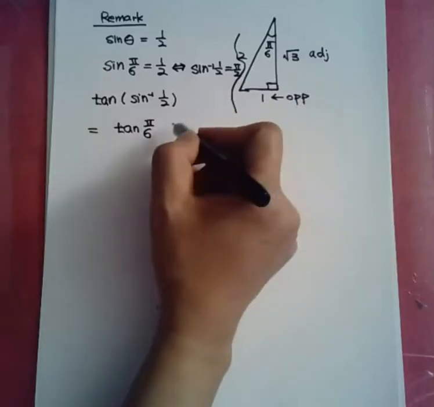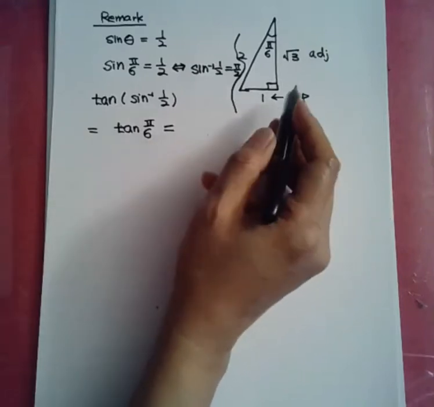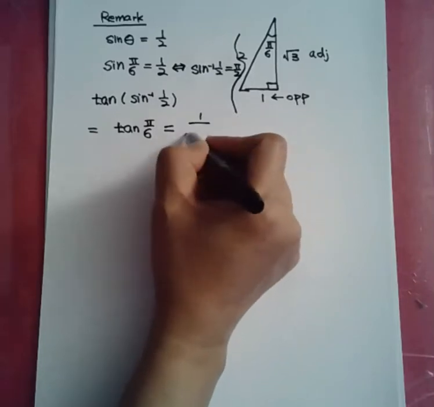So you can just think about tangent of pi over 6, opposite over adjacent, which is 1 over square root of 3.